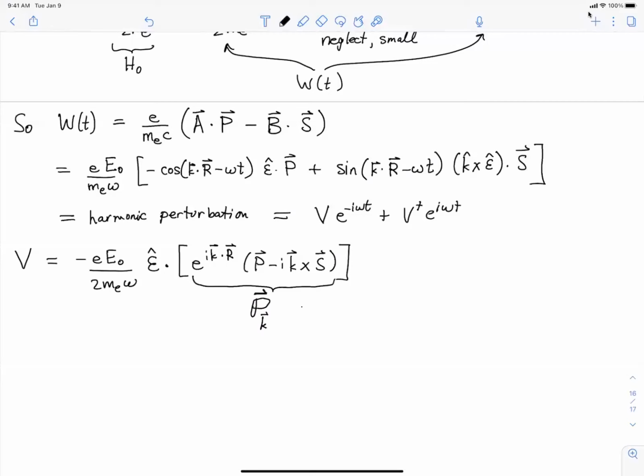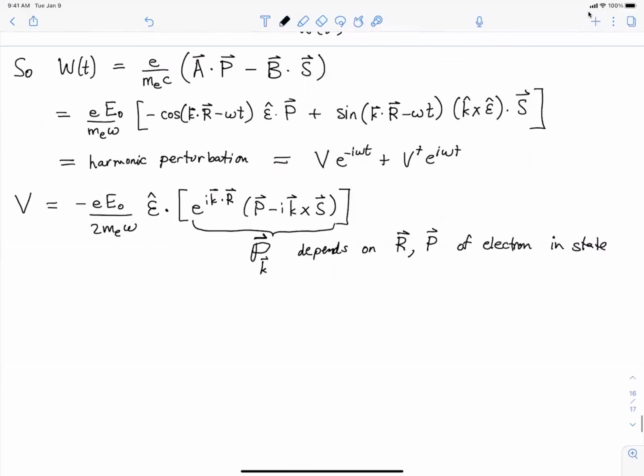Okay, and so this also depends on the momentum, sorry, the position and the momentum of the electrons, or the electron in the state we're talking about. That is the state that we're going to take matrix elements of. So some things to notice about this thing: it has units of momentum.